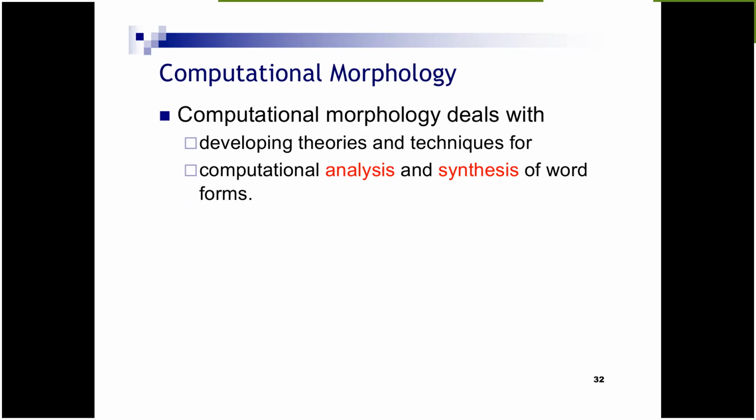The field of computational morphology basically has two main parts. It's a technique for analyzing and synthesizing words in a computer program. You always have these two pieces in morphological studies. You have to do the analysis, where you're given a word and you produce the analytical structure of it and the different parts that make up the word.